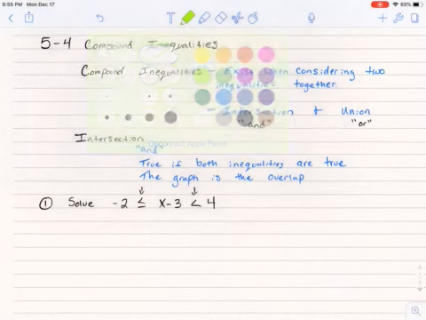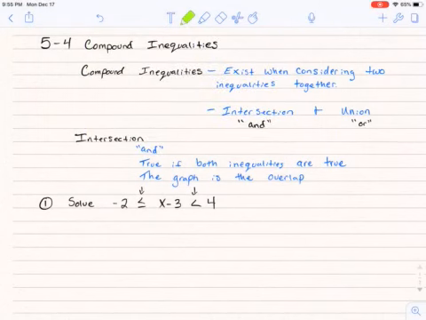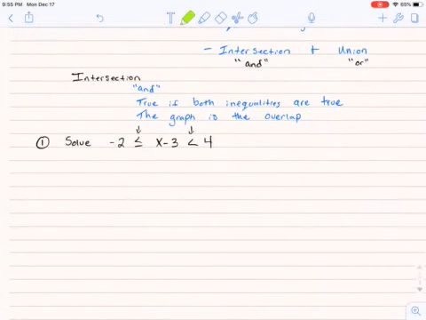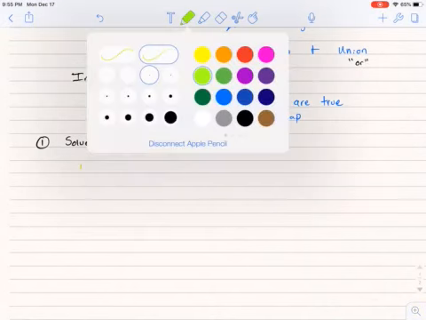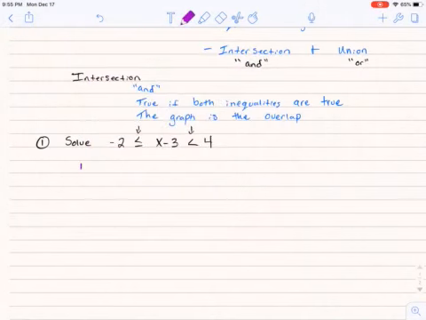Now let's go through the steps that we'll take to solve this inequality. One of the first things that I might do is to write it with the word and. So I'm going to break this inequality apart.